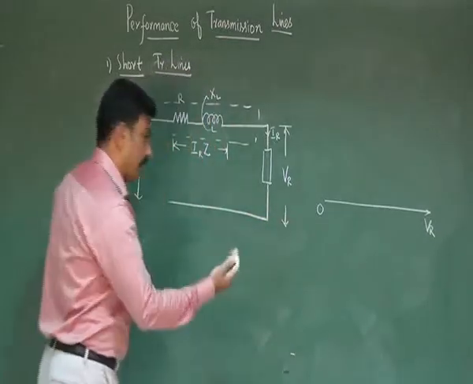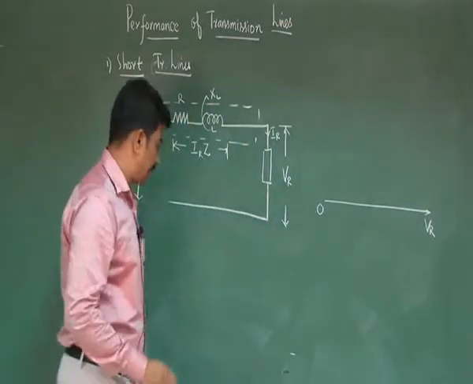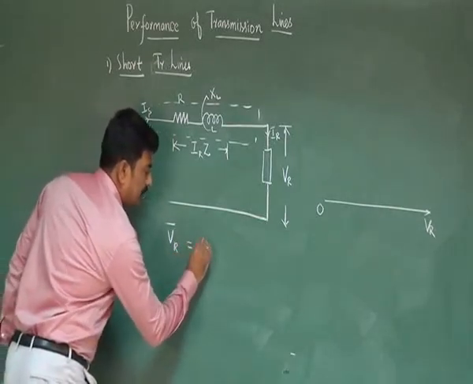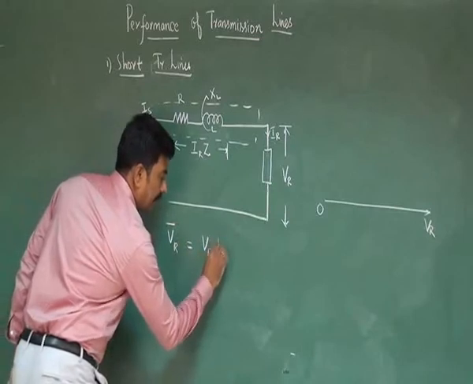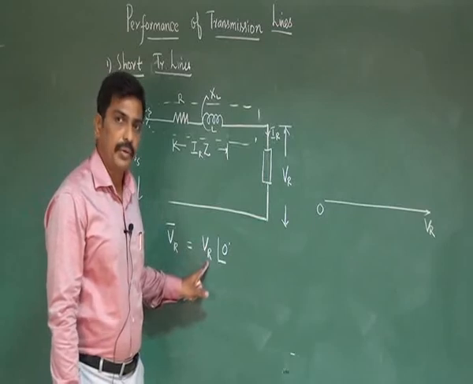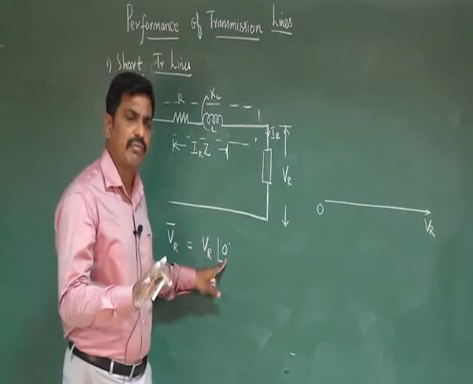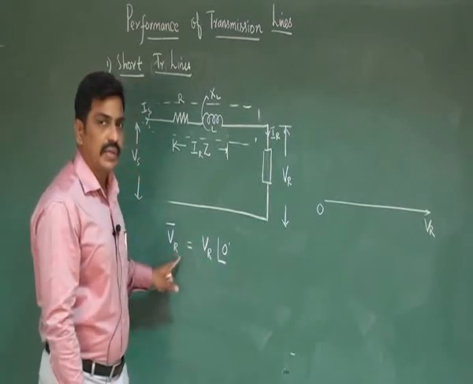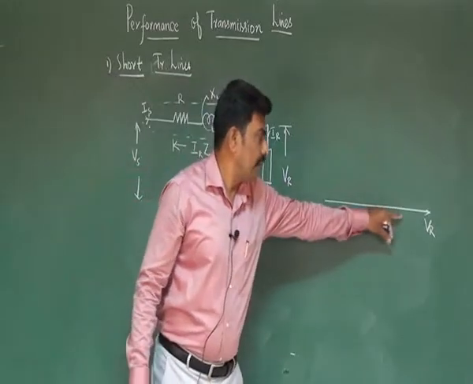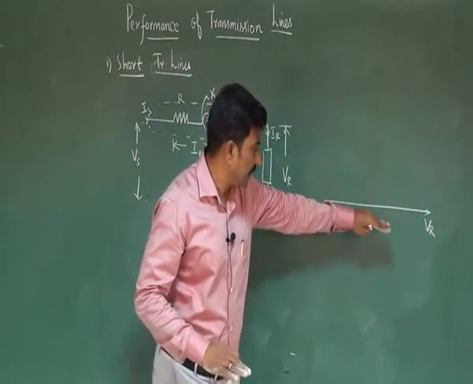Side by side we can try to understand what is Vr and what is vector quantity. So Vr is the Vr vector, that means Vr at an angle of 0 degree. Vr is a scalar value, magnitude at an angle of 0. This is a major advantage of having Vr as reference vector. So this is the value of Vr as we have considered as reference vector, and the angle is 0.